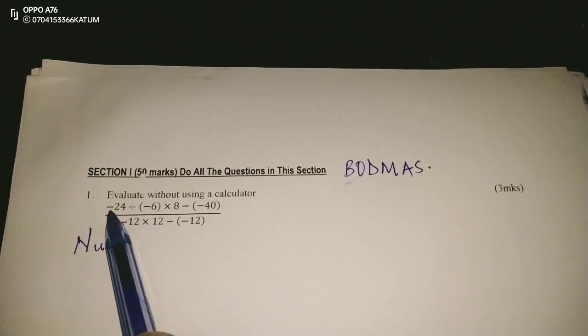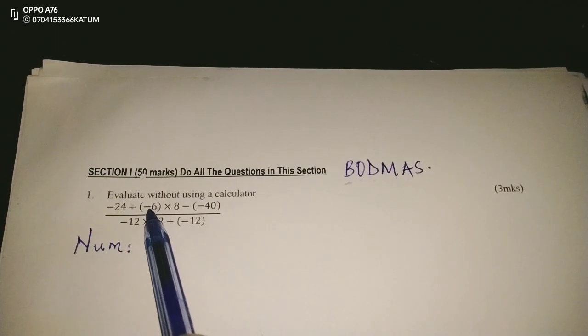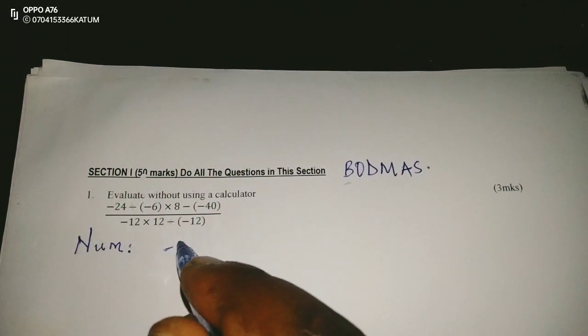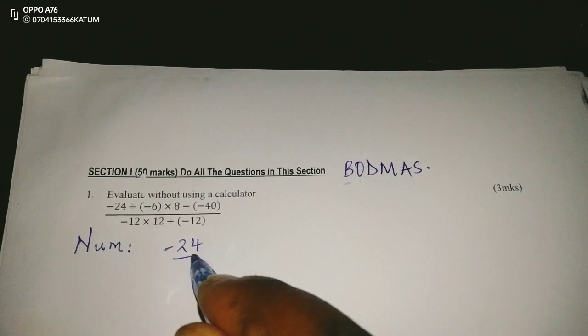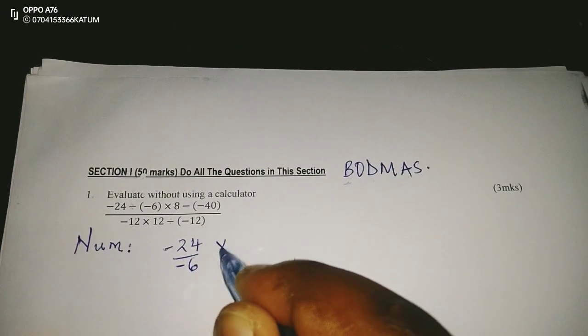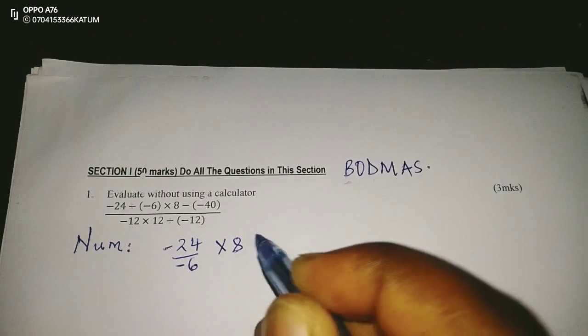So we have negative 24 divided by negative 6. I'll divide that, then multiply the quotient by 8.